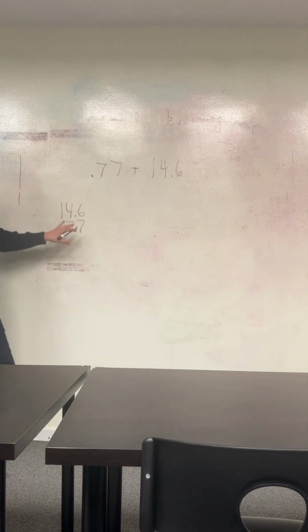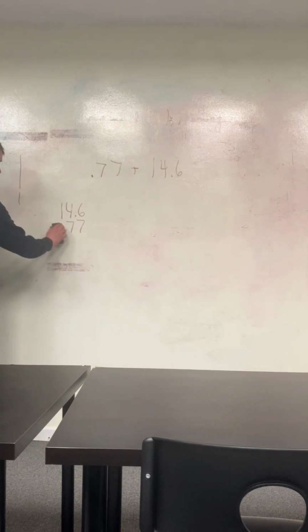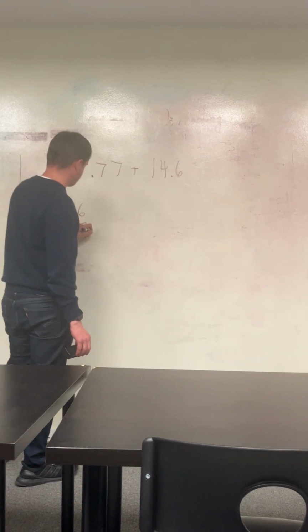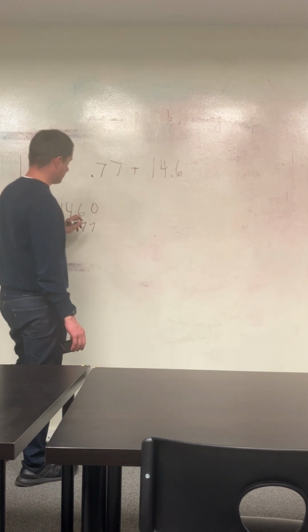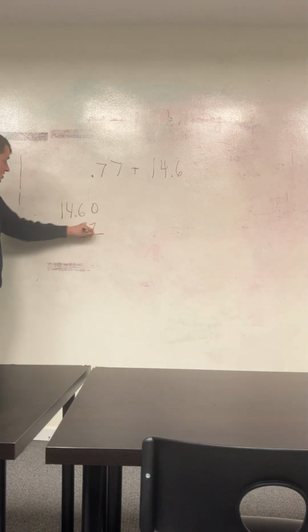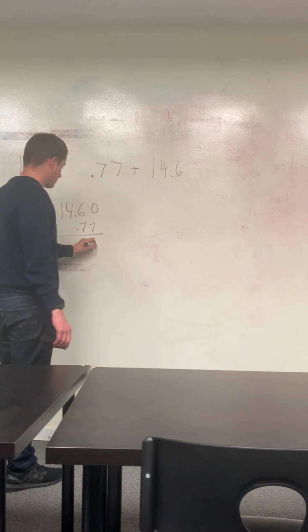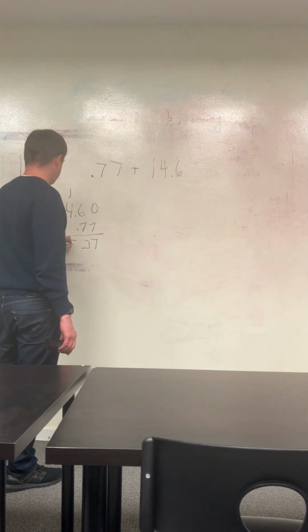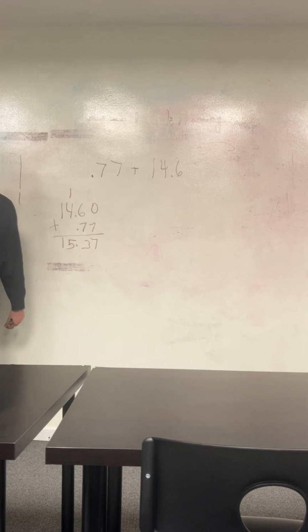Don't even write that one because it's out of place. You have to remember to get the decimal points lined up the same. And then you know there's an invisible 0 there. Line the decimal points up the same. And then you can add 7, 3, 1, 5, 15.37.